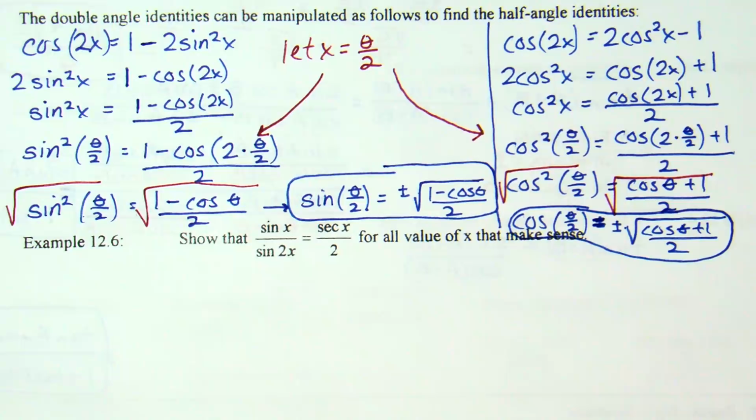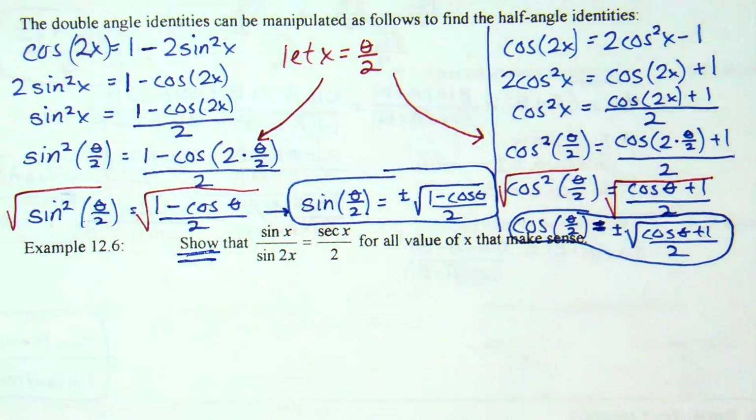Last identity example. Show that sine of x divided by sine 2x is equal to secant of x over 2, for all values of x that make sense. When it says show, I'm going to use the idea of prove.